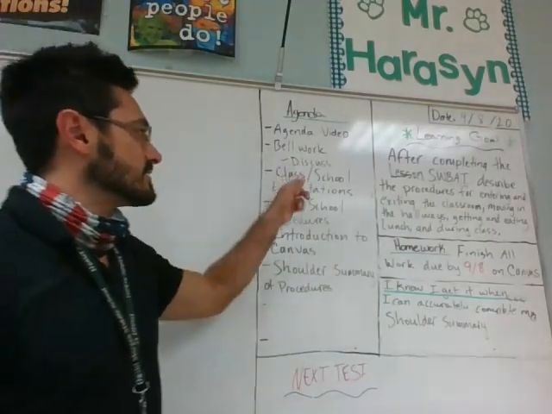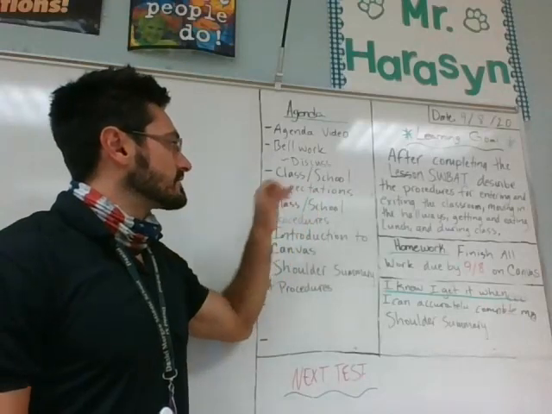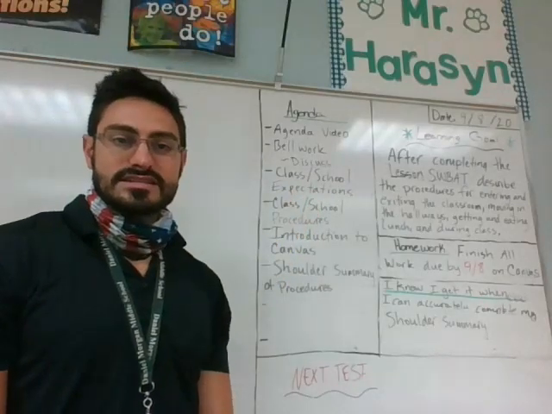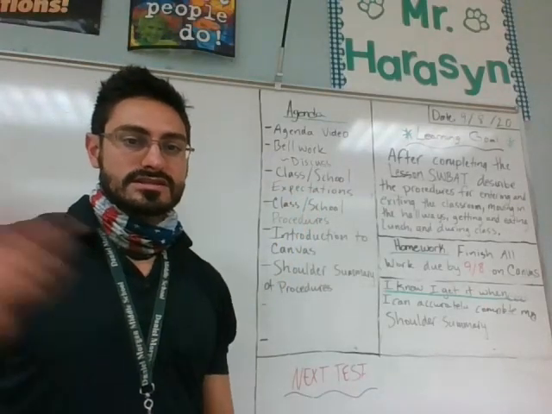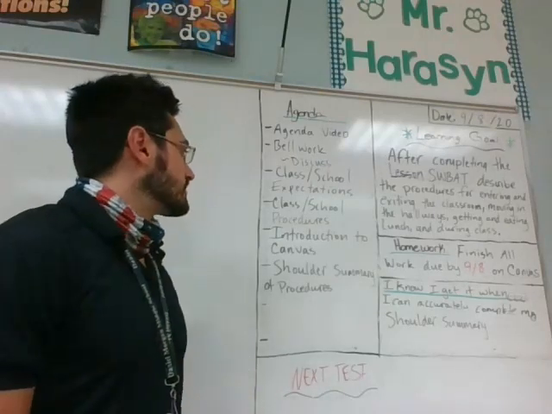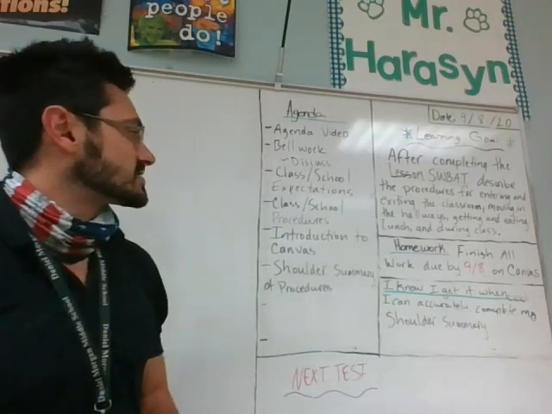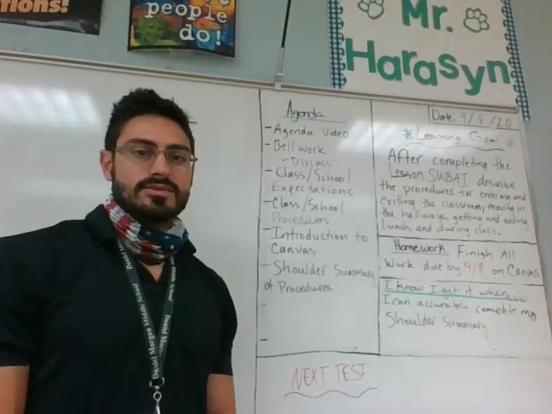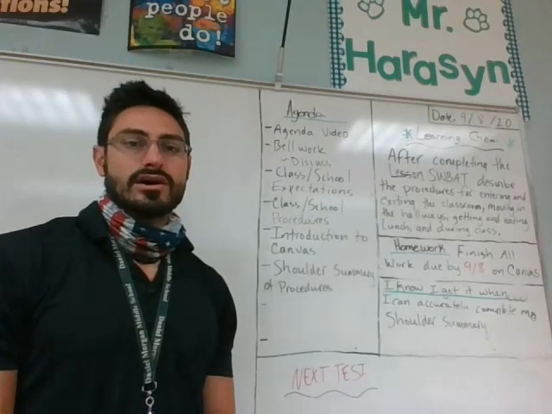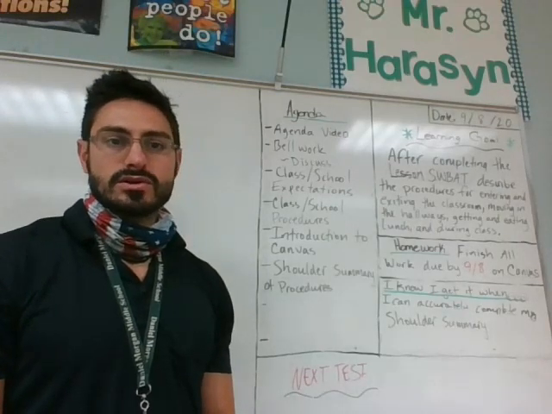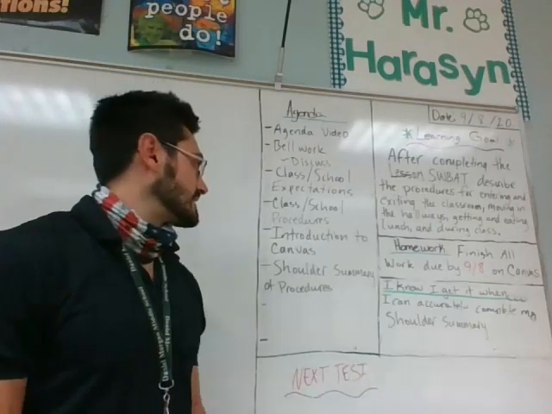Next, after we discuss the bell work, we're going to cover class and school expectations, what's expected of you while you're in this classroom and while you're in the hallways. Then we're going to do the class and school procedures. So that's going to pertain more to the hallways, the lunchroom, entering and leaving the building, that kind of thing.